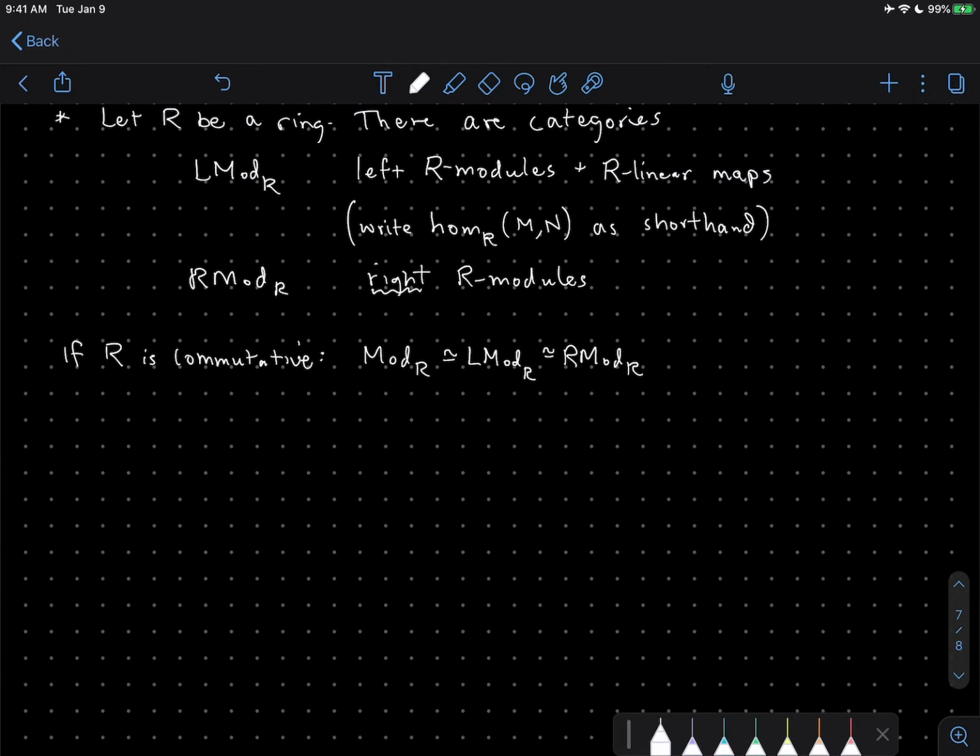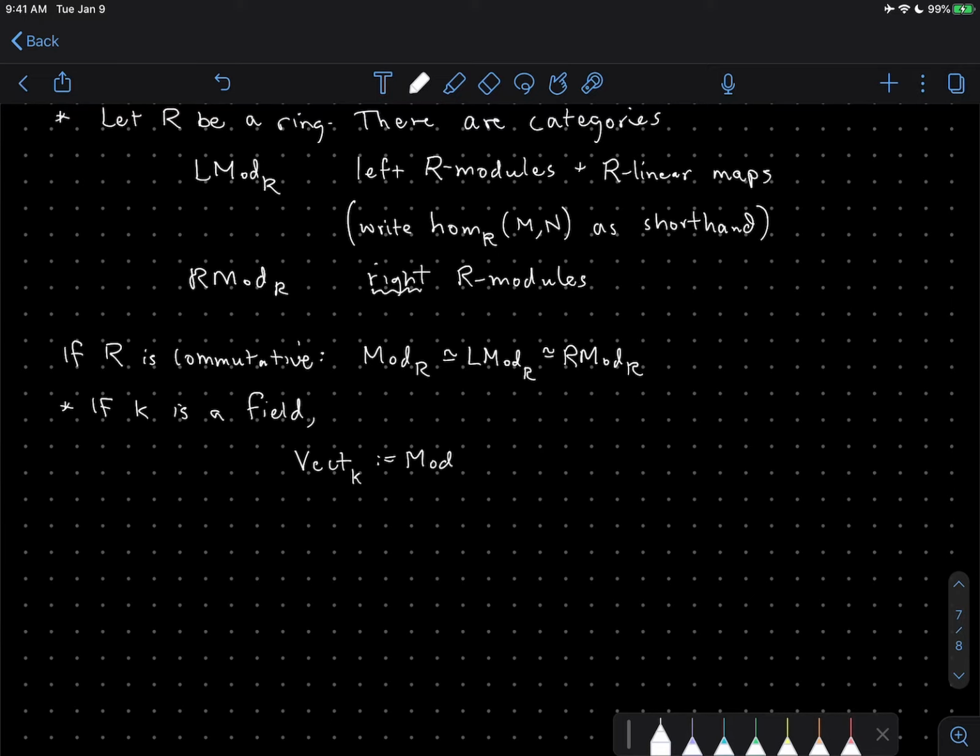So to specialize, if K is a field, we write vect sub K, by definition, to be K modules. It's the category of K vector spaces.